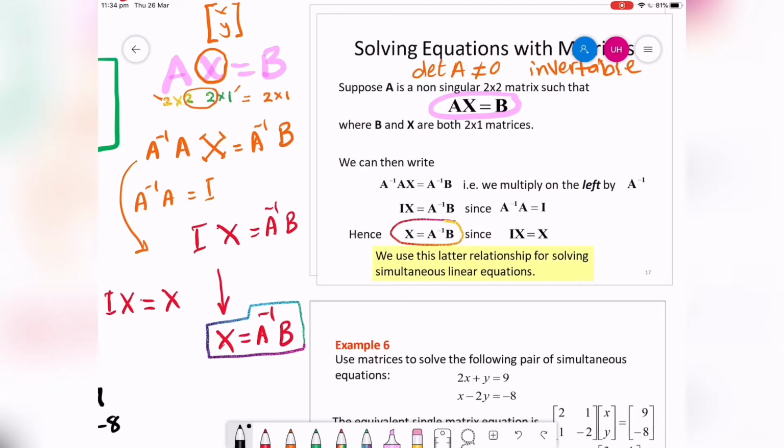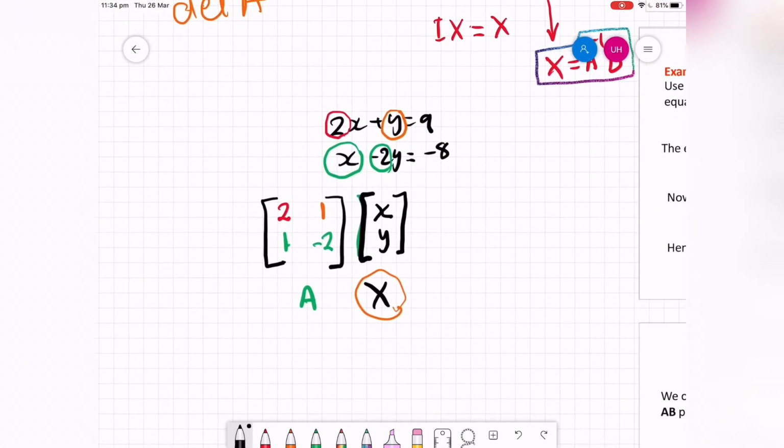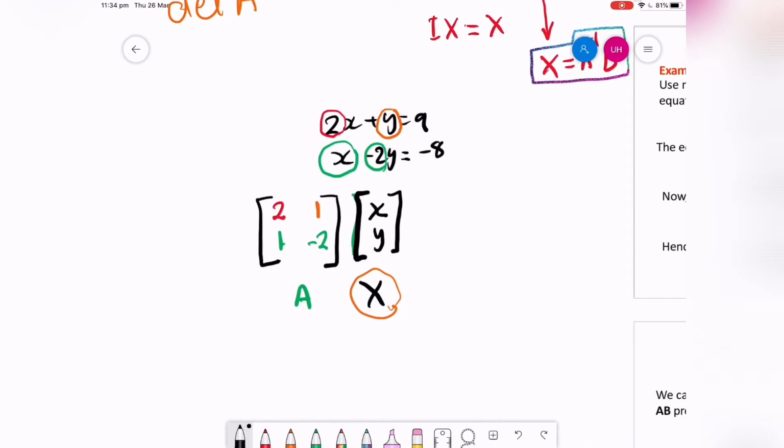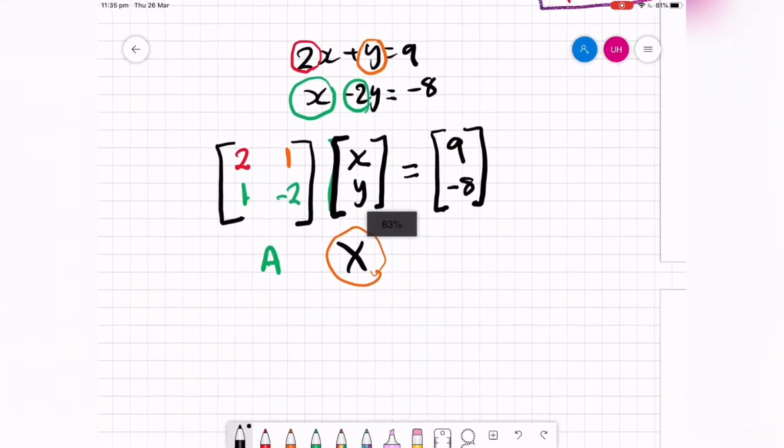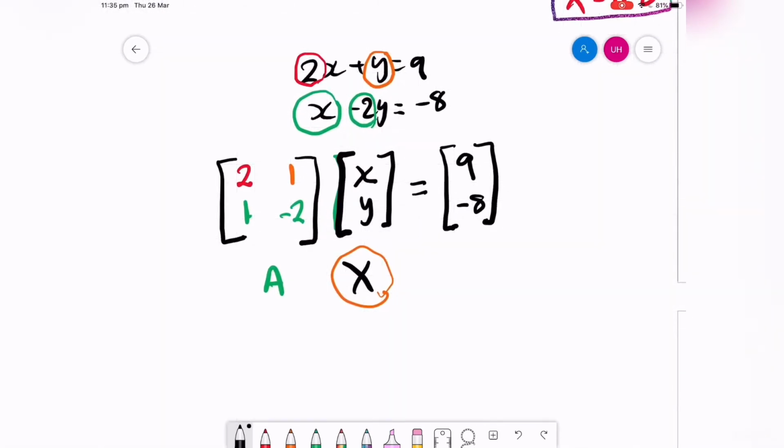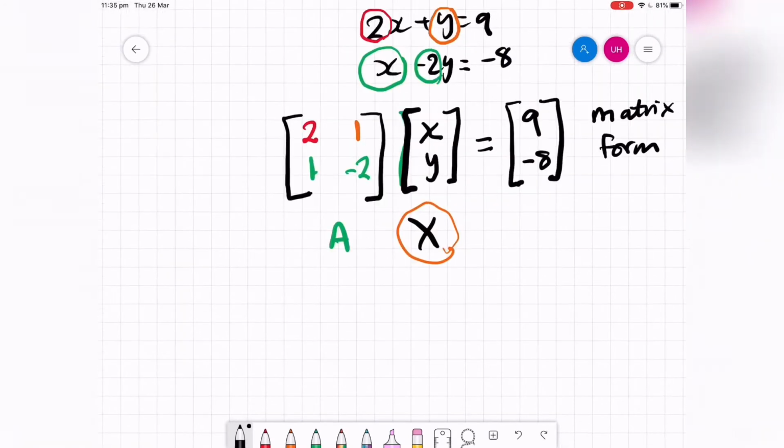Anyway, so this equals, these multiplied together will give us the product, which is the 9 and minus 8. And this is why we call this a matrix form. So basically what we did, we changed the two equations into one single matrix form.